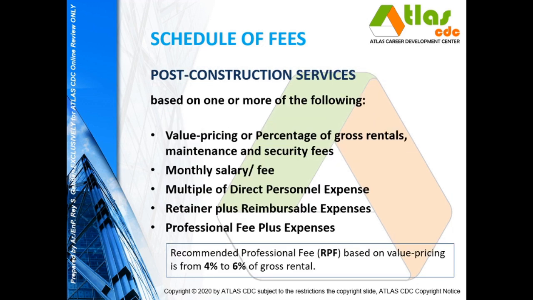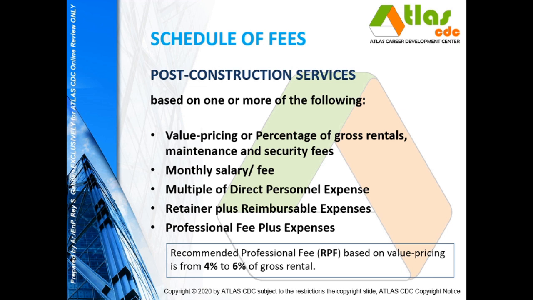Now, for post-construction services, this is document 205. This is building administration. So you have the following methods to employ: the value pricing, or percentage of gross rentals. This is the incentive type of compensation.